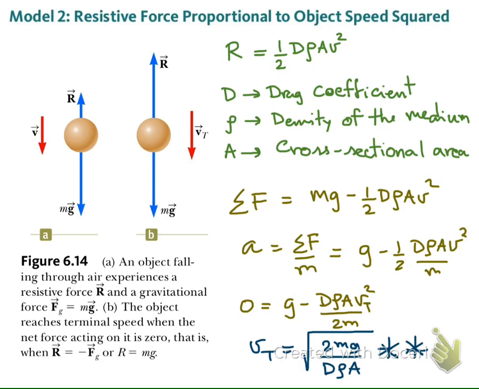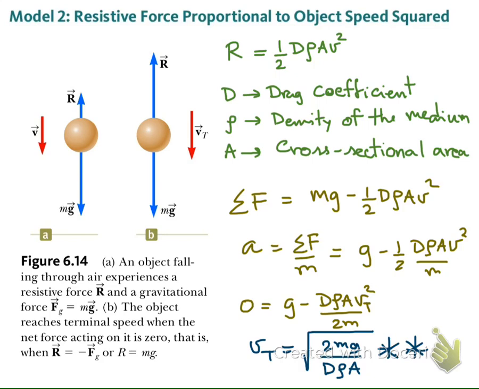Again, we can use this expression to experimentally determine the value of the drag coefficient, because if you leave the object to move in the medium for a while, the velocity of the object will become constant, because the resistive force cancels the gravity.